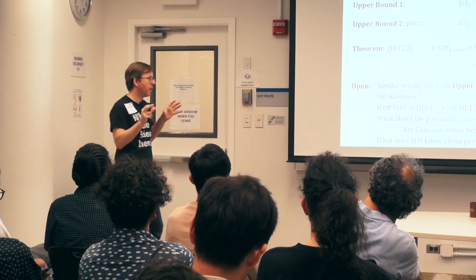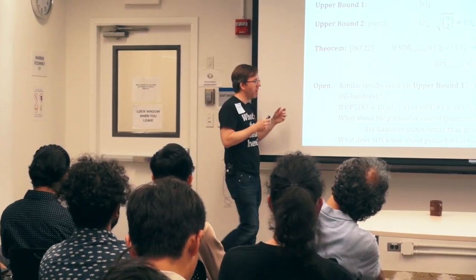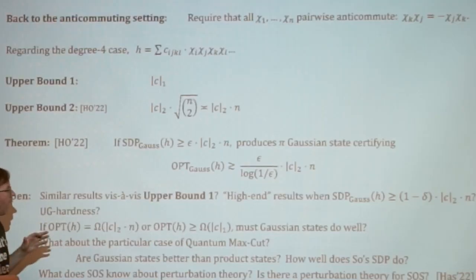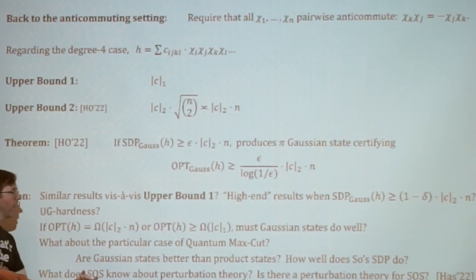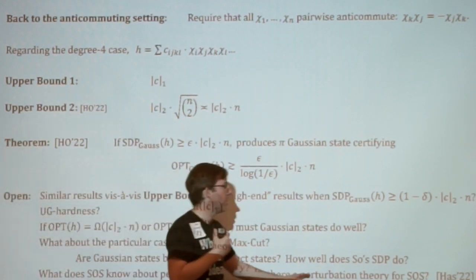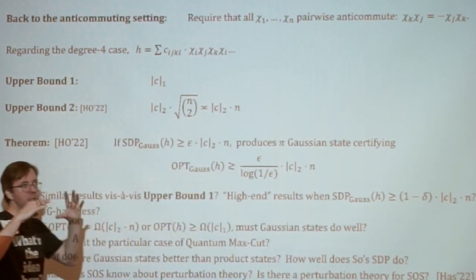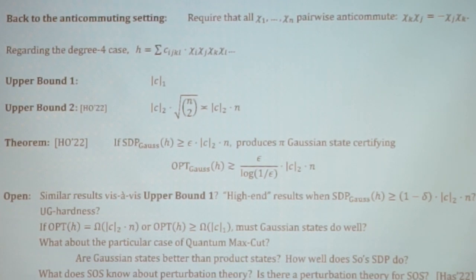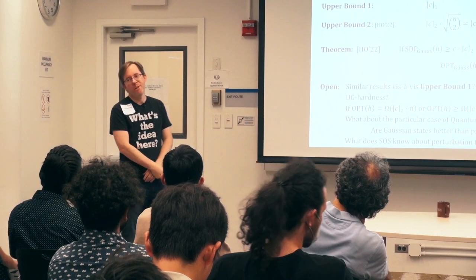There's a lot of sophisticated perturbation theory using linear algebra about how that changes the optimum value, and maybe SOS can model that perturbation theory. Or, I think this is a funny question, is there a perturbation theory for SOS? If you have an SOS-style bound on a simple Hamiltonian, and then you slightly perturb the Hamiltonian, can you perturb the SOS certificate for it and get a comparable bound? I don't know. Okay, I'll stop there. Thanks.